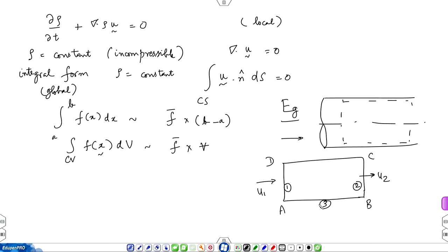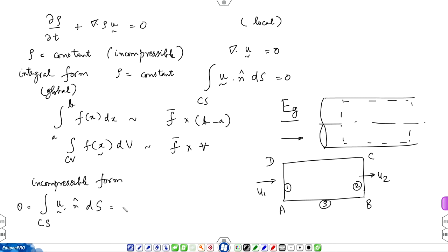So, since we are talking about pumping water, let us work with the incompressible form, where rho is constant. So, then integral over C s u dot n d s is 0.